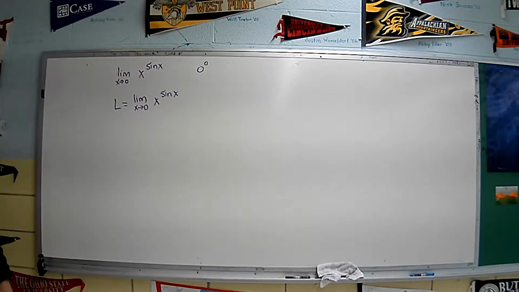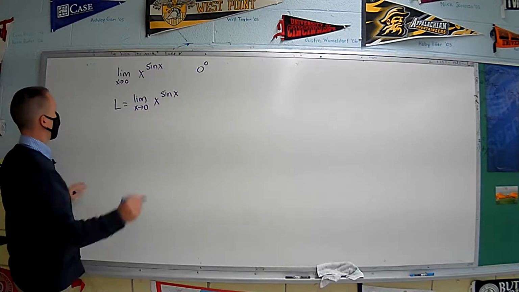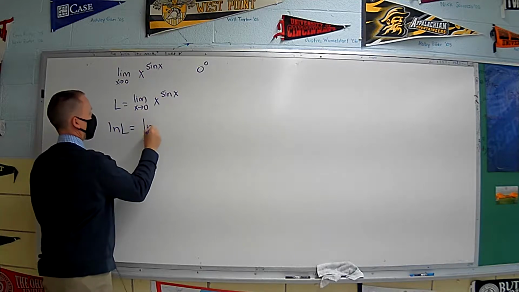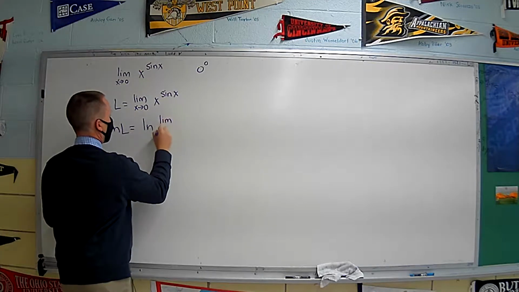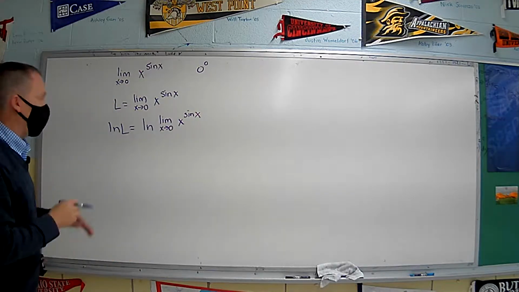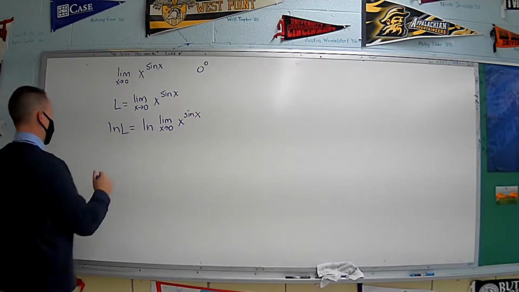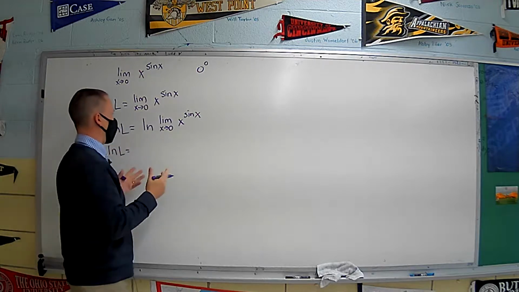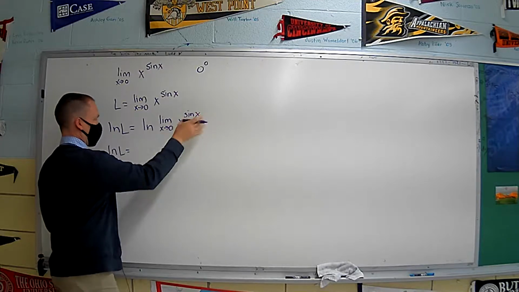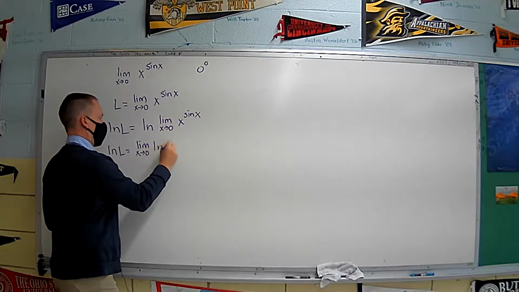Now what do we do? Well, I'm going to solve for the natural log of the answer. You guys would say, just log both sides. Okay, fine. Then here's a little trick, though I don't even want to call it a trick, that we're allowed to do because of continuity: the natural log of this limit as x goes to 0 is equivalent to the limit as x goes to 0 of the natural log of x to the sine of x.